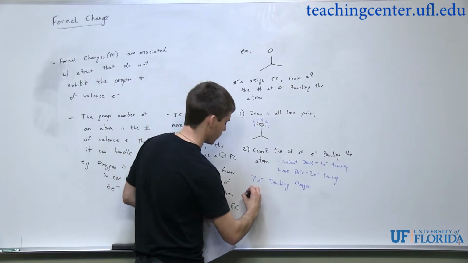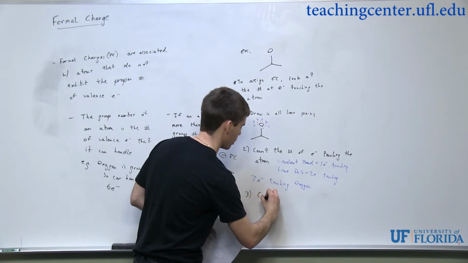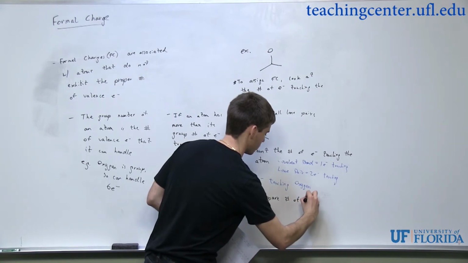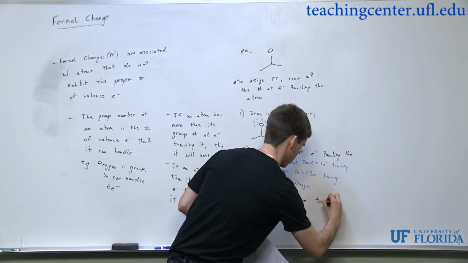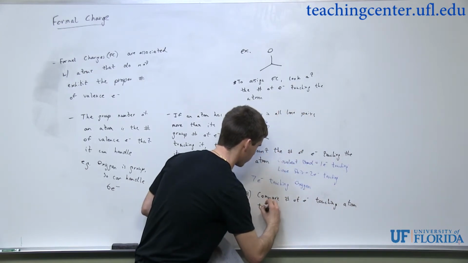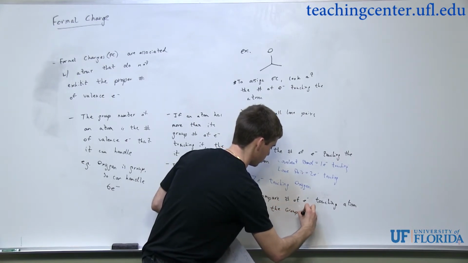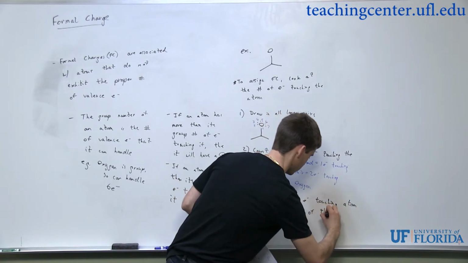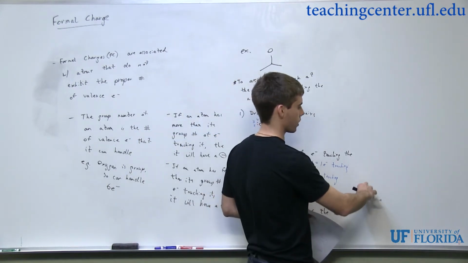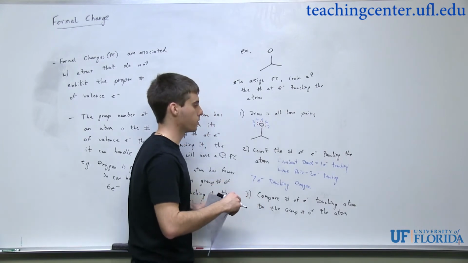Then our third step is where we actually assign the formal charge: you compare the number of electrons touching the atom to the group number of the atom. You always start with the group number.